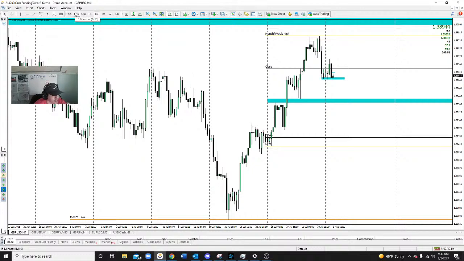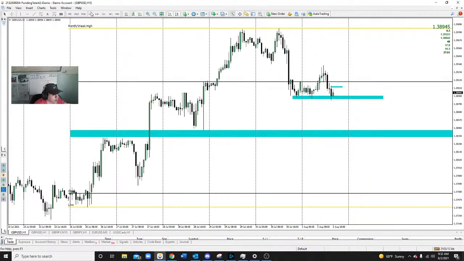And just looking at GU from a higher time frame perspective, I think we're going to clear these lows and come down to here today.